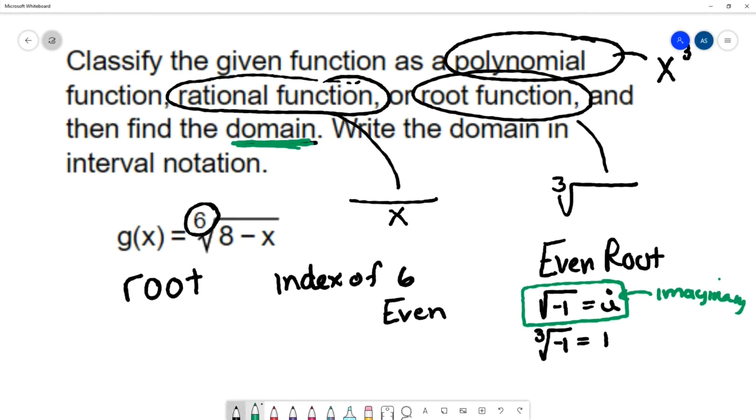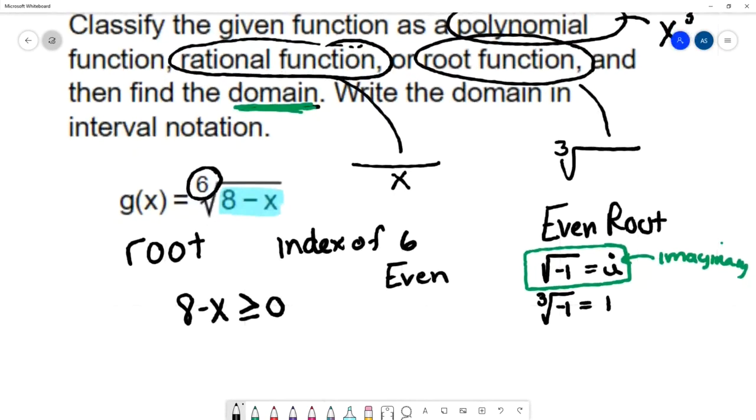So what we do is we take the expression that's underneath the radical, and we want to avoid the negatives. The way we avoid the negatives is we say we want it to be greater than or equal to 0. If we solve that, this is how we're going to avoid those negatives underneath the radical. So I subtract 8 on both sides.